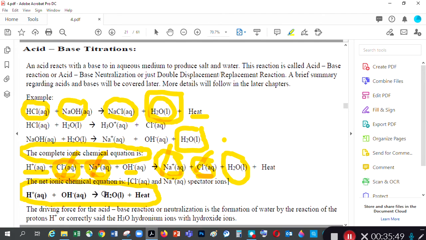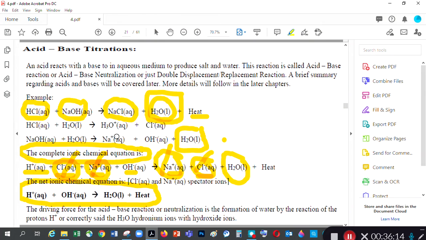So what it says is that the titration or the neutralization between acid and base has a driving force of producing H2O. And this is very, very important to know, that's in aqueous solution. This is all about aqueous solution.